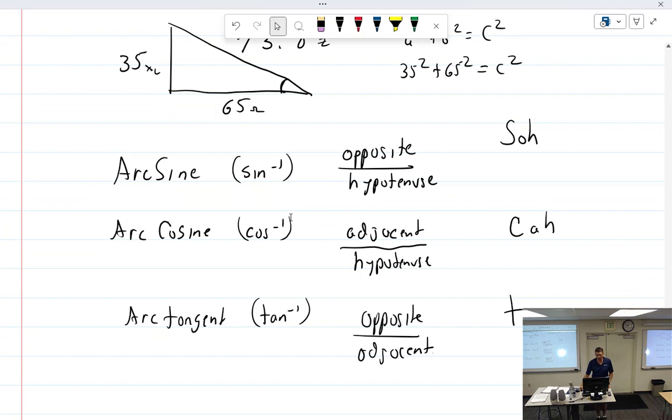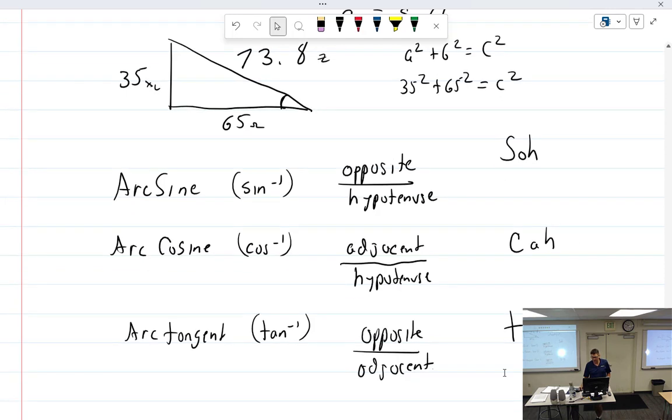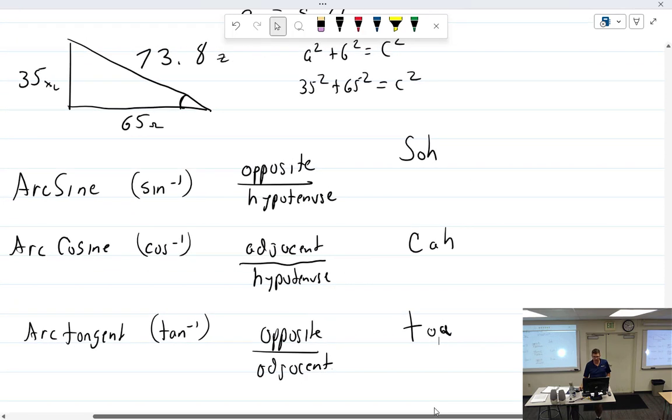What's the opposite? Not 65, it's 35. And what is the hypotenuse? 73.8.